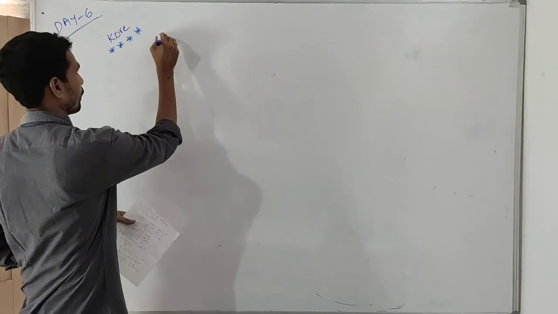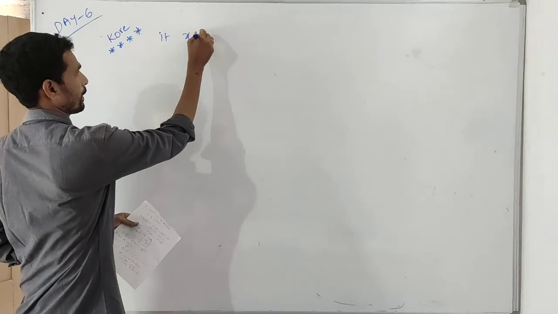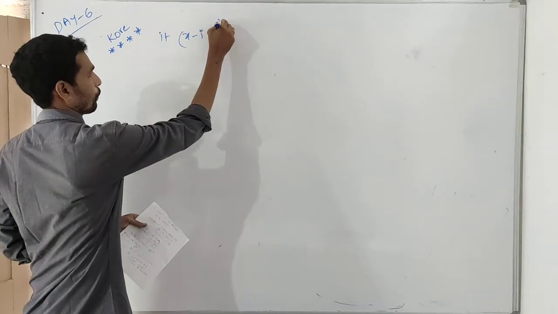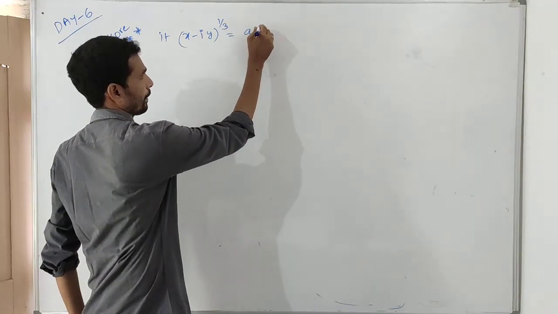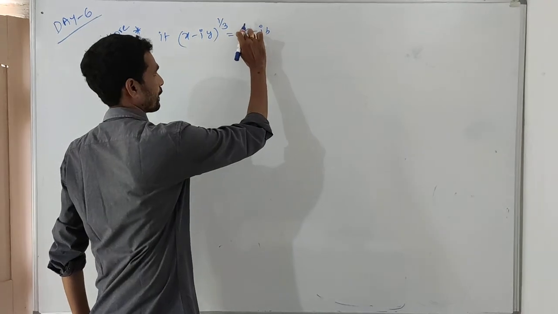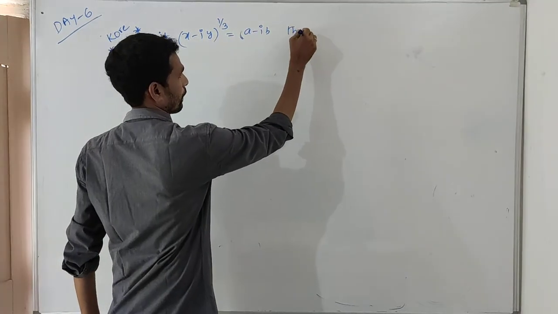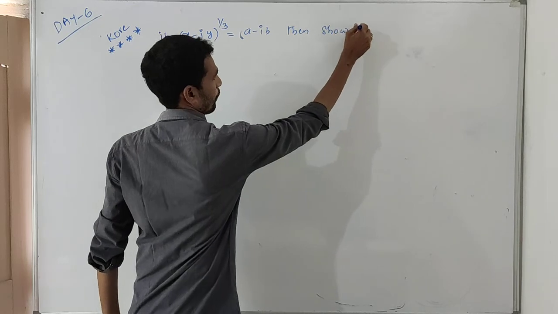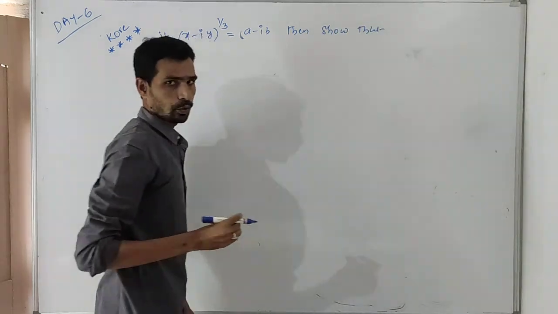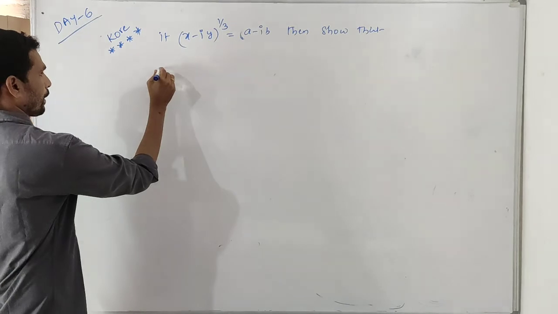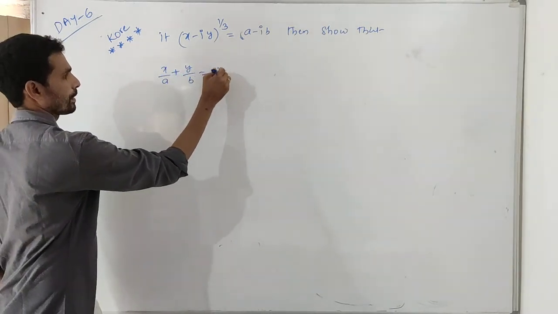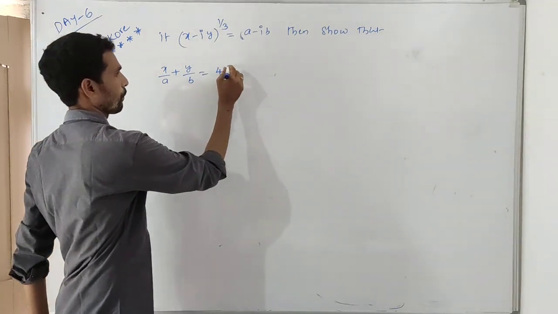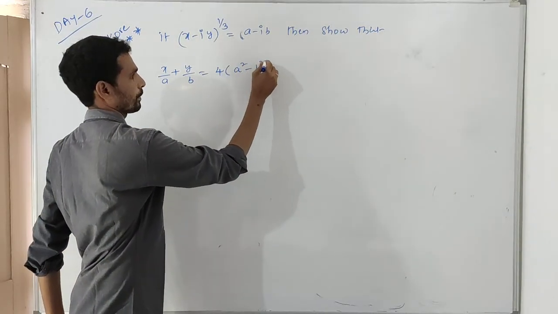If (x − iy) to the power of 1/3 is equal to a − ib, then show that x/a + y/b is equal to 4(a² − b²). Solution.